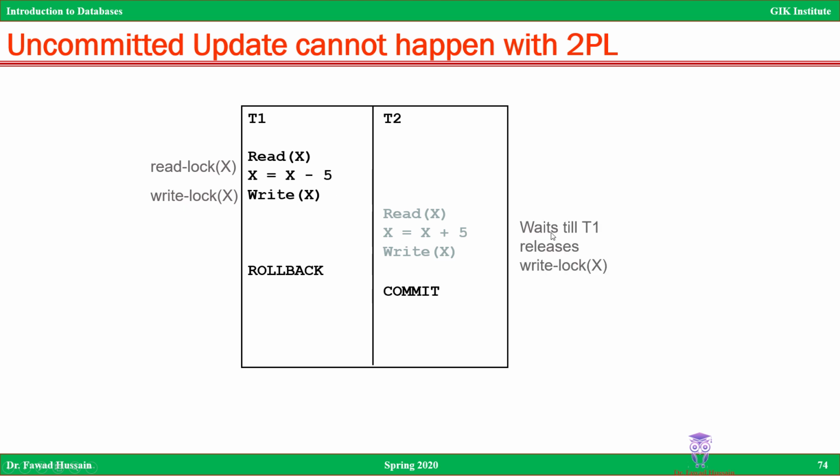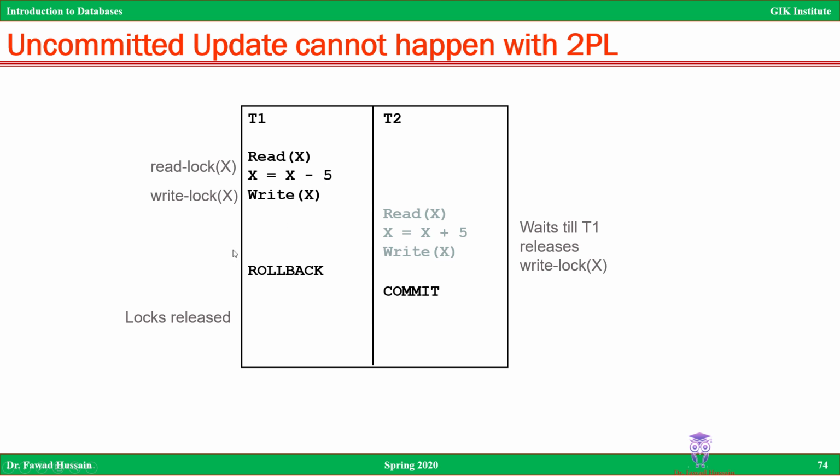And then you wait until T1 releases the write lock, and that won't be released until after it has committed. But because it doesn't commit, it rolls back, it means that this will undo, and then the locks will be released. So the locks are released only after a commit or a rollback. Because of that, you can't have an inconsistent value, because if it rolls back, it means this write never happened, and this X equal to X minus 5 never happened, and X was in its original value.